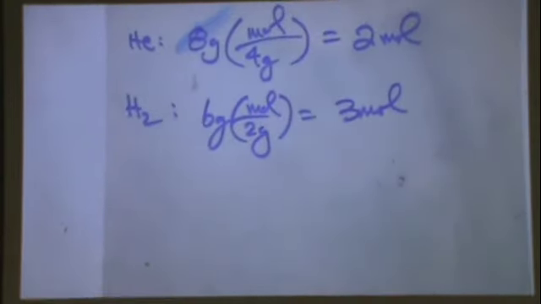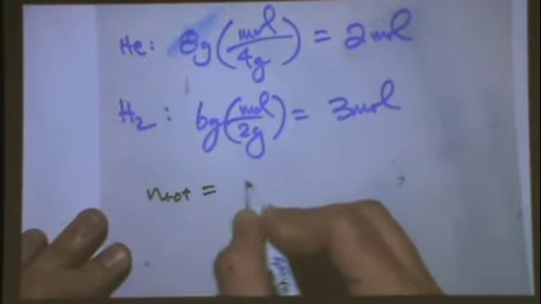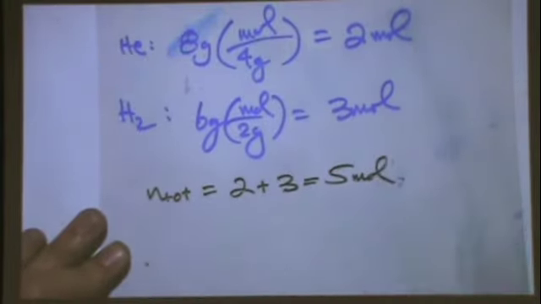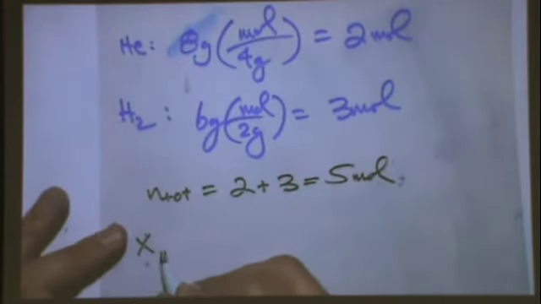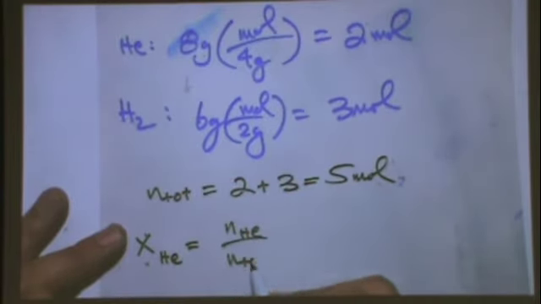Okay. Now I want to get into the total moles and the mole fraction part. First the total moles: I just sum these two up. 2 plus 3, that's 5 total moles. Now, the mole fraction of helium would be the moles of helium divided by the total moles.